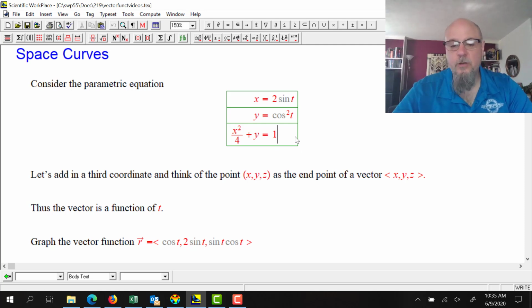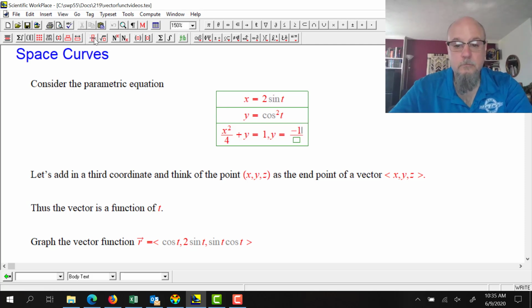When I use that trig identity, I get the path. And let's simplify that so we get a y equals. That's the graph. Y is equal to -1/4 x squared plus 1.